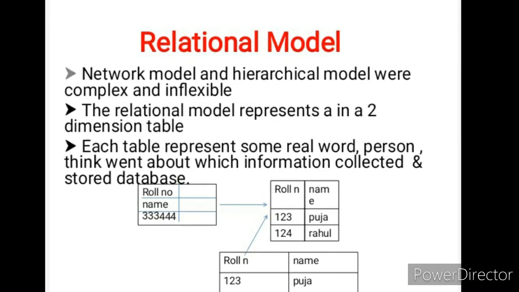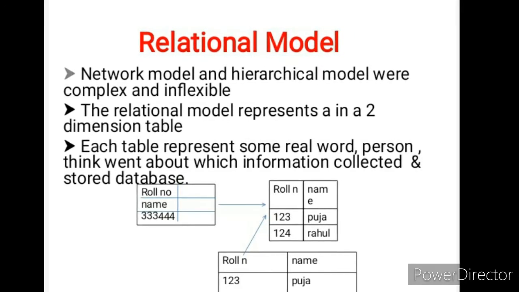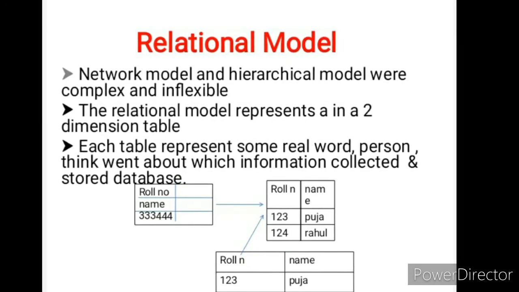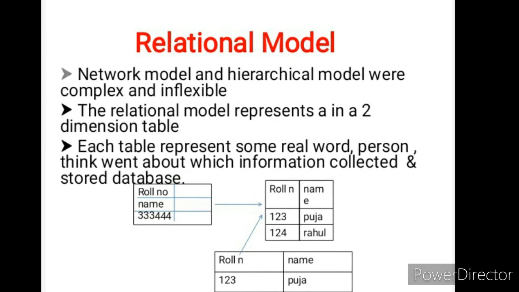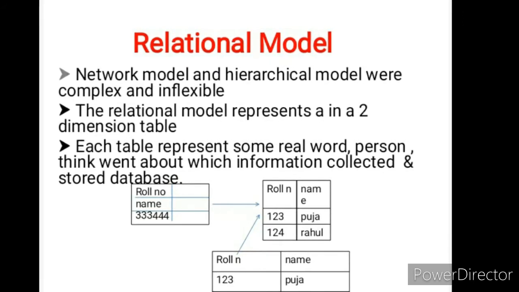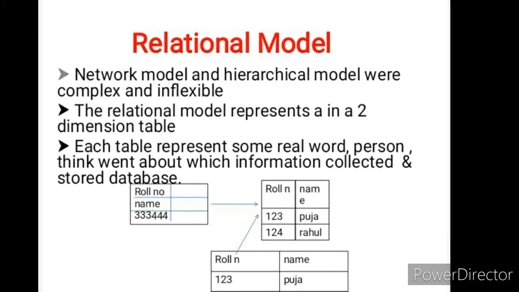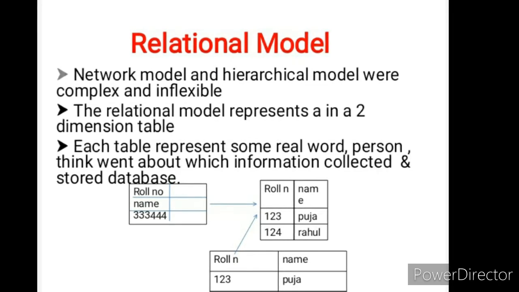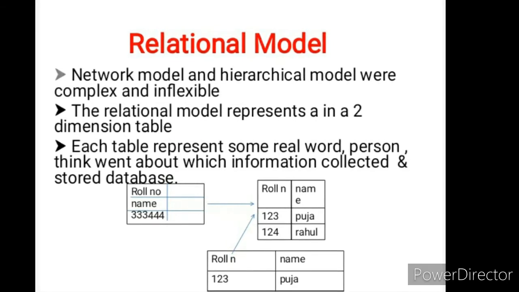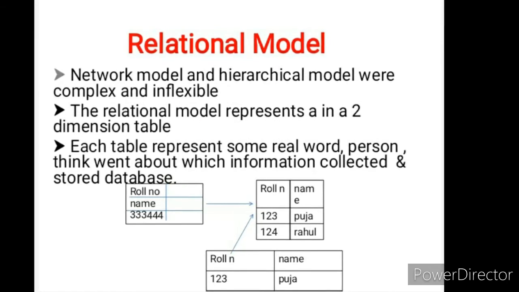In the database environment, these tables get a relationship name. You can represent the data in the table. It is very easy to organize the data, identify the type, create the relationship, and understand this level.